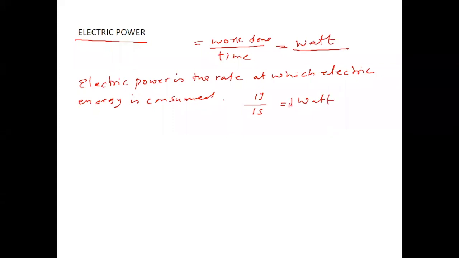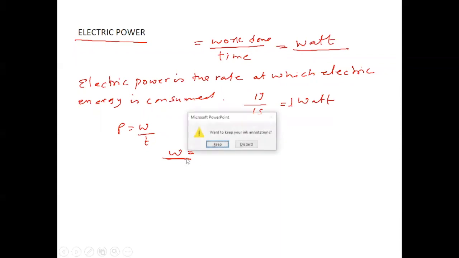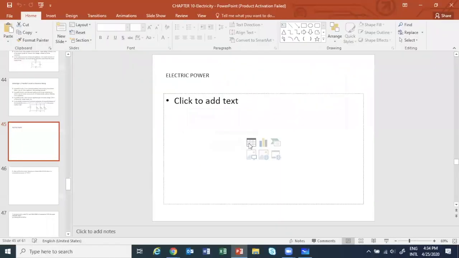Now, power is W by T, and how do we calculate work done? If you remember the old lesson, what is the potential difference?